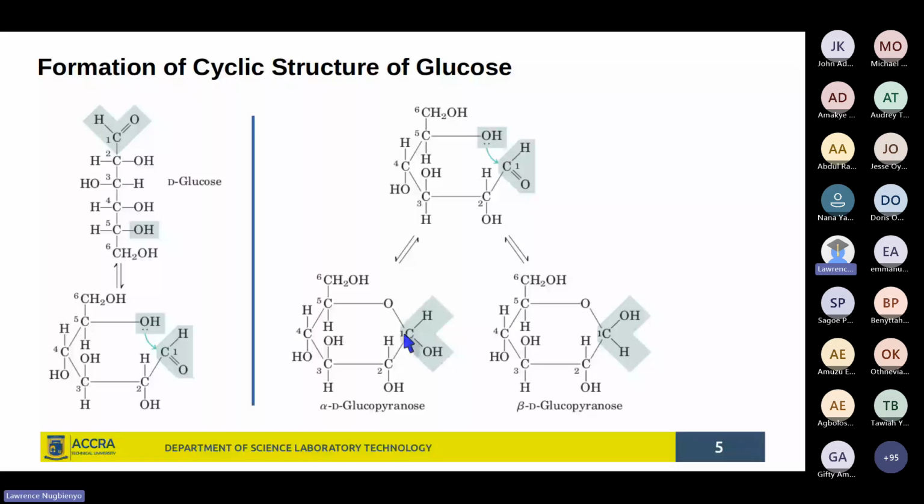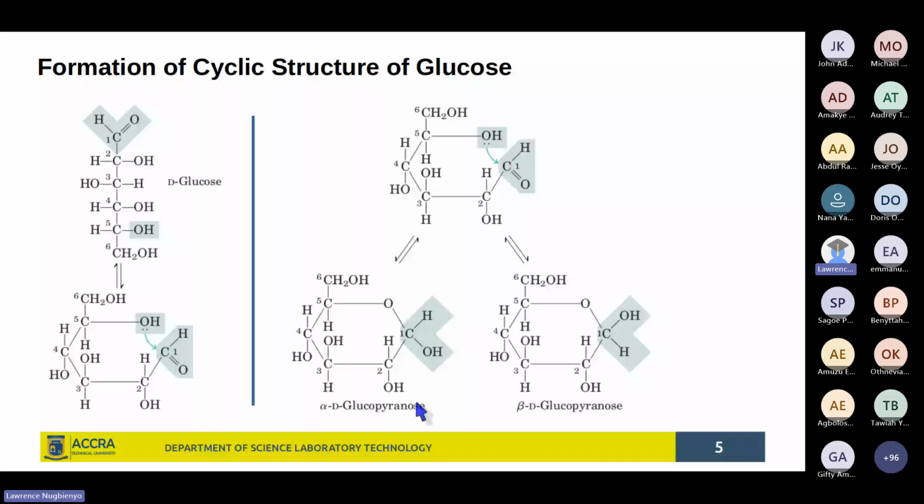So then you have what we refer to as a glucopyranose. We will come to this term, the pyranose. As we move on, we'll come to understand why it is called a pyranose.